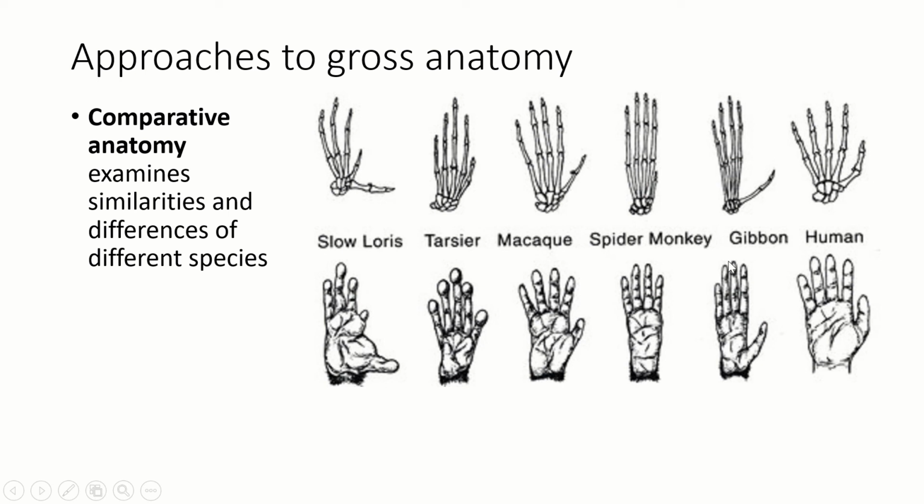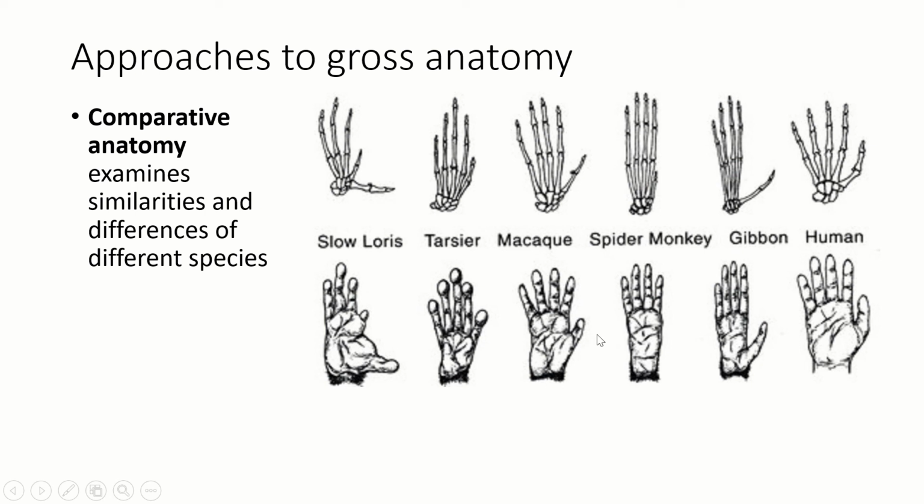And we can tell a lot about the lifestyle of an organism by the way that its skeleton is shaped. So human hands are very good for grasping and carrying things. But because we don't spend a lot of time swinging through trees, we don't see the elongated fingers and reduced thumbs that we see in some of the primates that swing through trees.